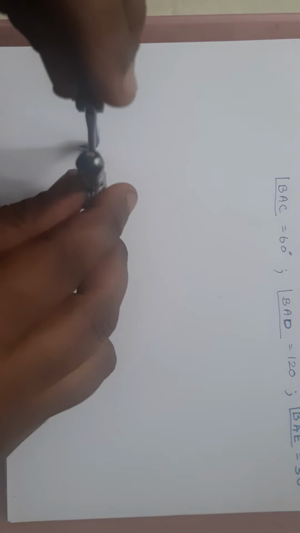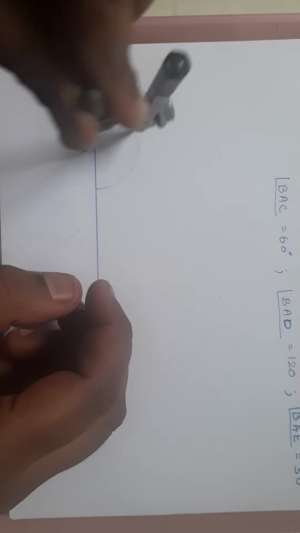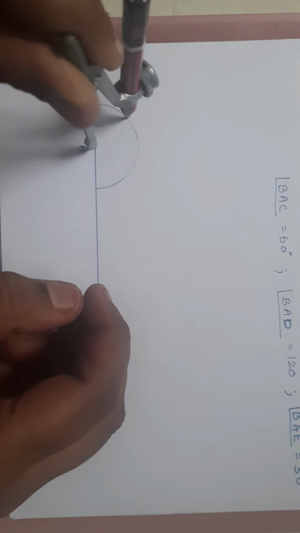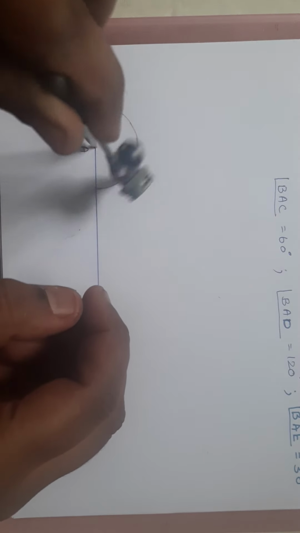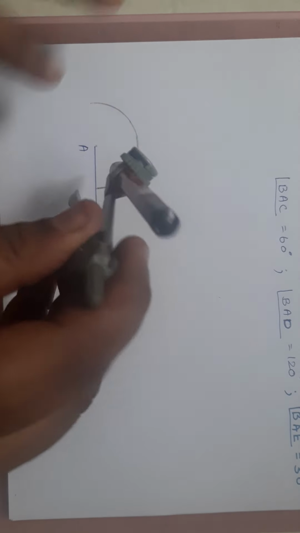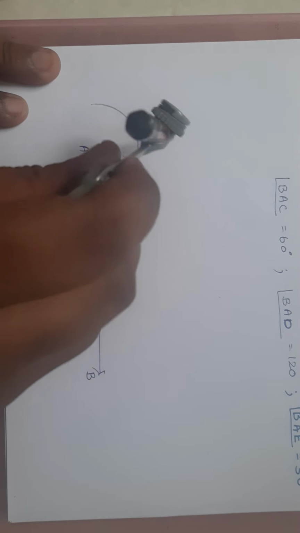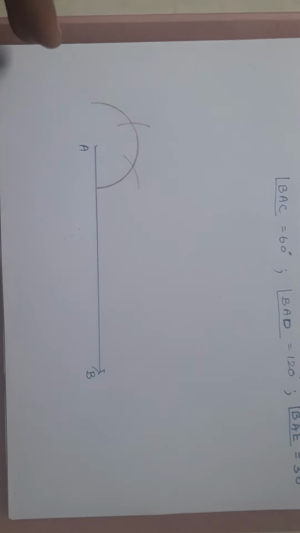point A, cut one arc, then from the same point, cut another arc. This is 60 degree. Cut one more arc, this is 120 degree.